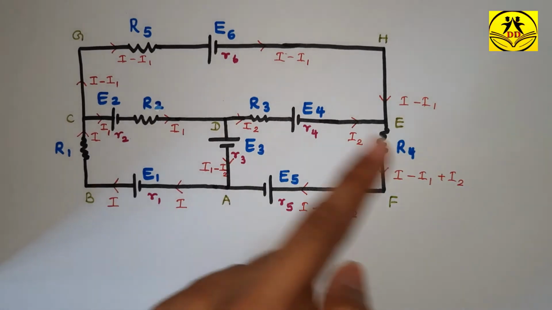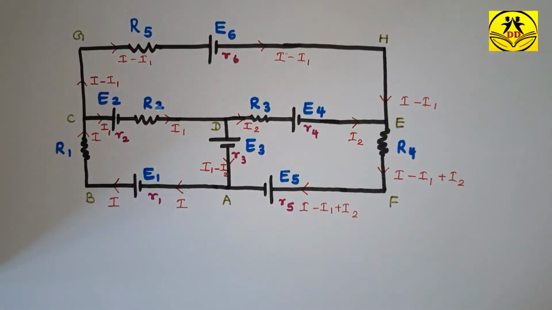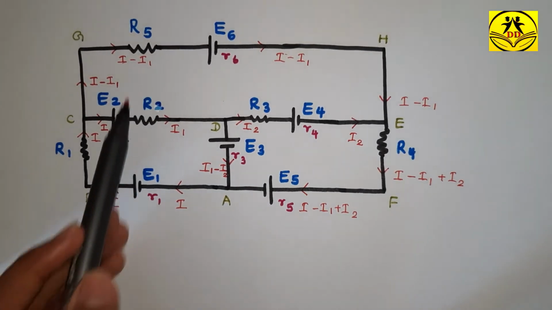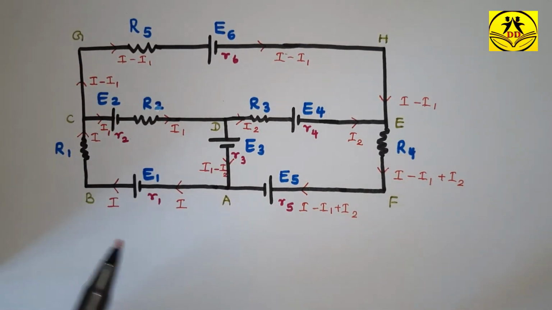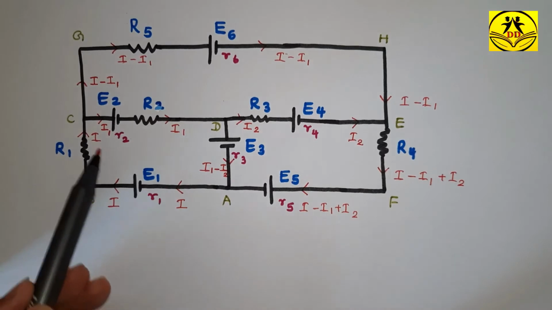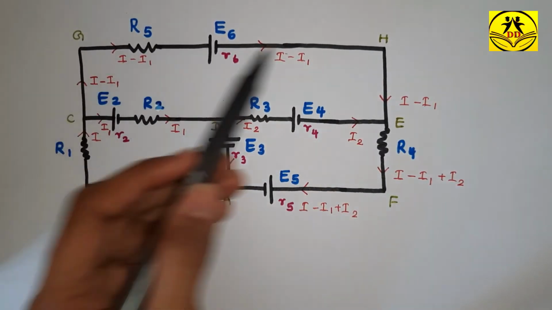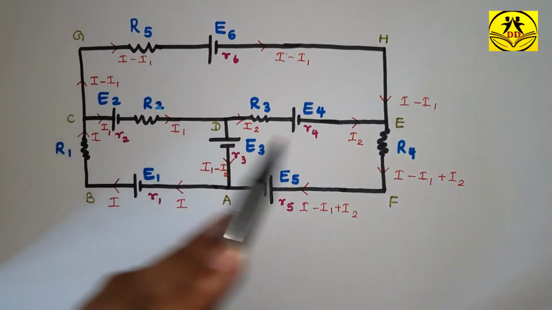So once you have marked the current, now we can select loops to apply Kirchhoff's law. Now how many loops do you see here? There are 4 loops. This is one loop, this is another loop, this is another loop, and this entire circuit is another loop. So there are 4 loops here.